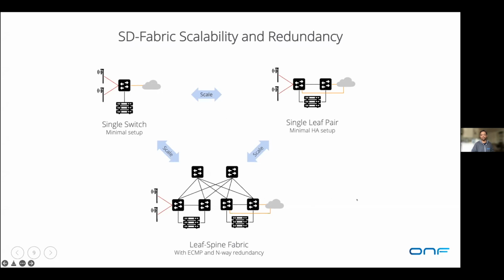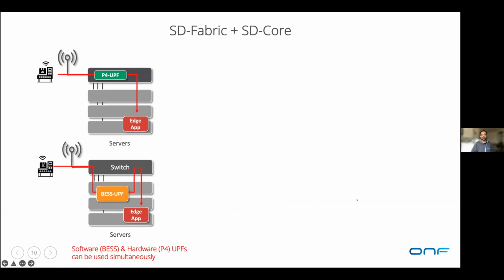Bringing these things together, SD Fabric and SD Core can be run at the same time. The main workload that SD Fabric offers today is that 5G-based workload where the user plane function for SD Core can be run in the P4 switch.